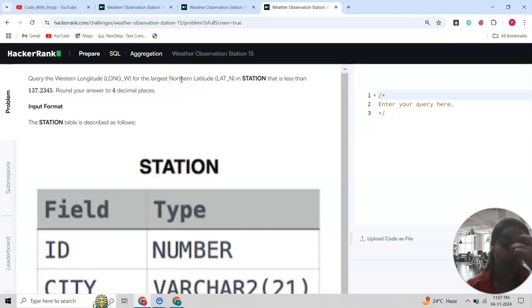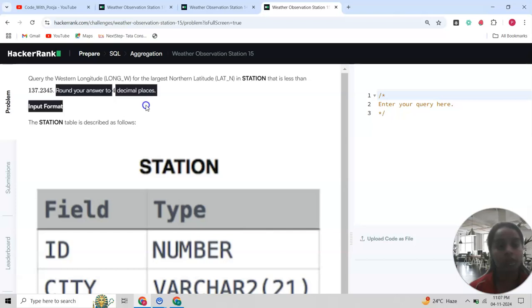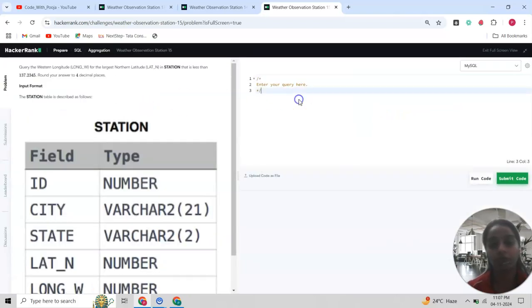So first of all we have to find the largest northern latitude value which is less than this, and on the basis of this value, for this latitude we have to find the longitude value, and also we have to use four decimal places, it means the round function.